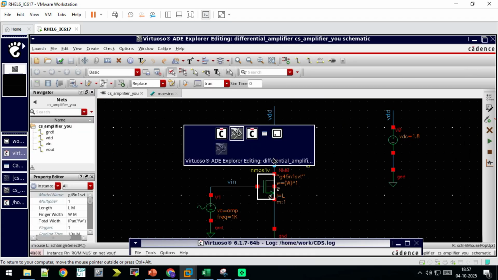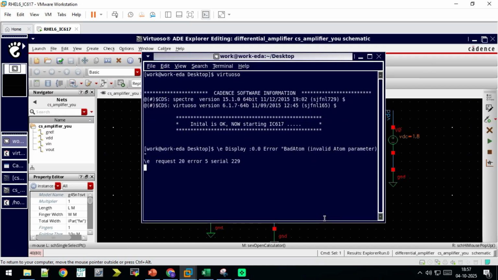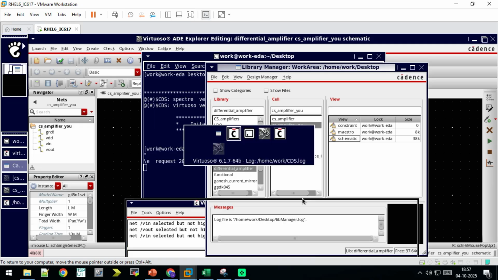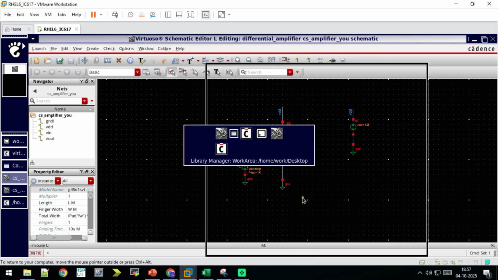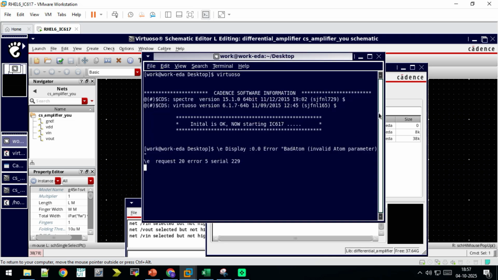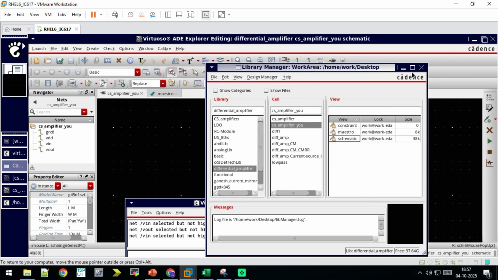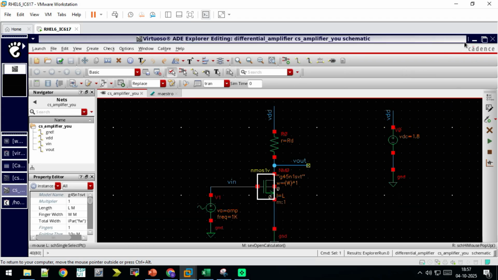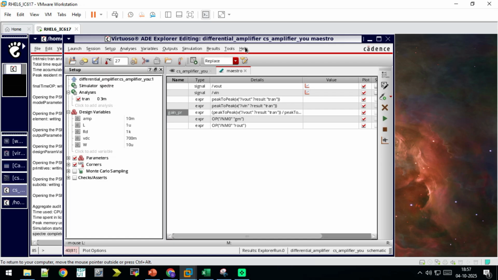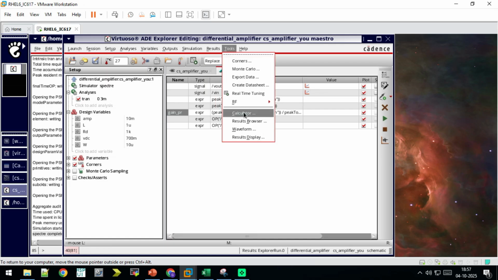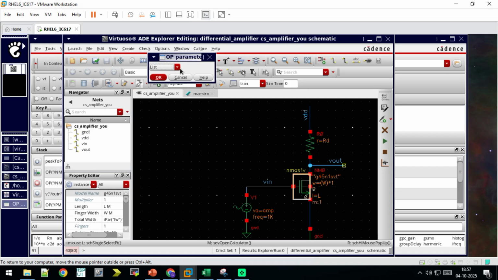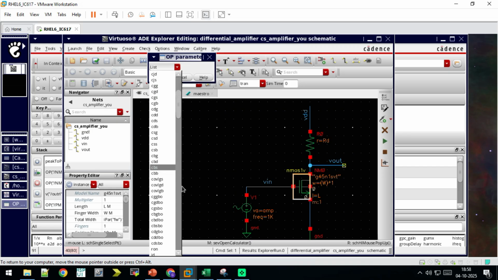And I have to know the region of the transistor also.